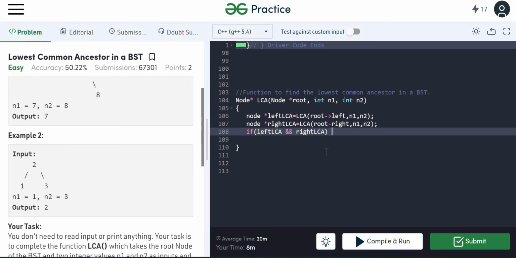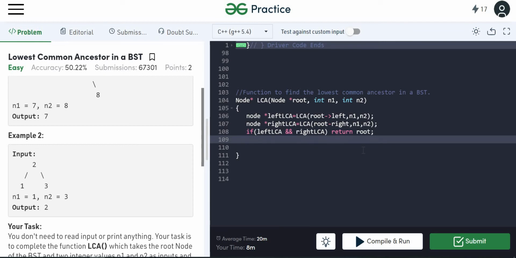If both are null, then simply return the root. From here you can see that if I traverse the left, I cannot get any common element, and on the right I also cannot get any common element. So I simply return the root. If both are null, I return the root.